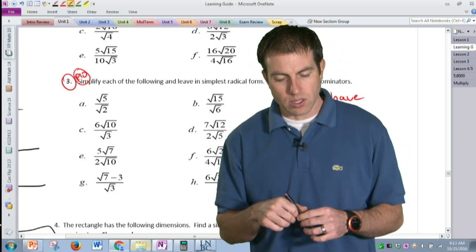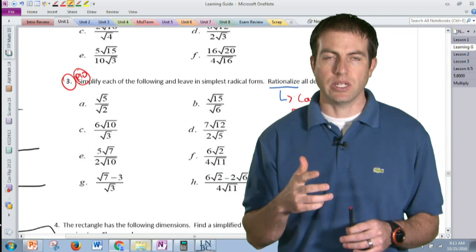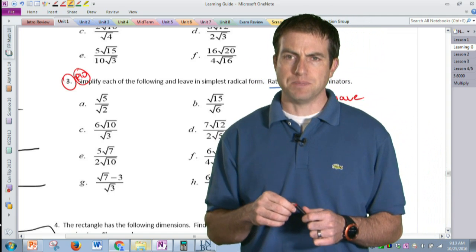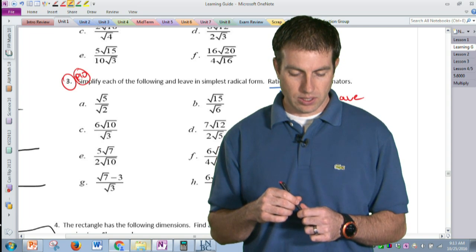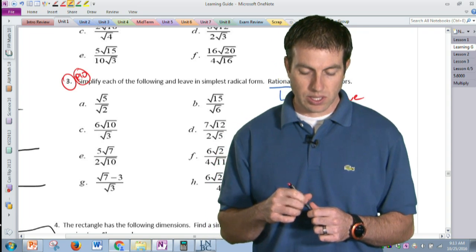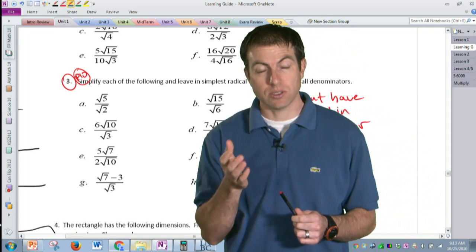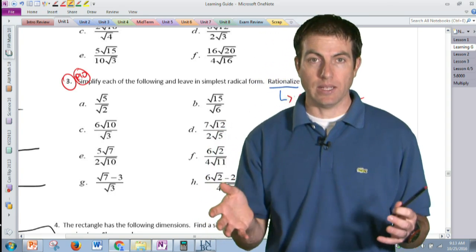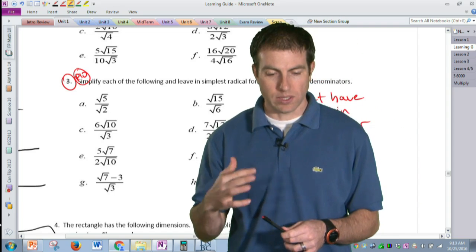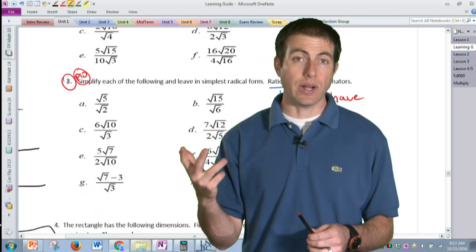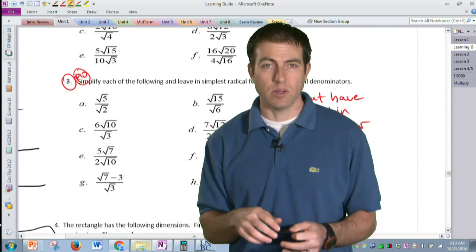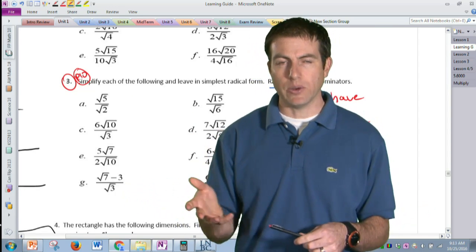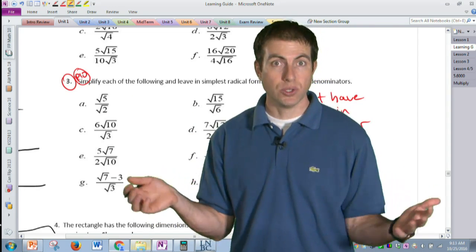We talked about the difference between rational and irrational numbers. A rational number is something that ends or has a repeating decimal, and an irrational number is something that just continues on forever. We can only estimate them; they never end. So something like pi would be irrational, whereas the number 2 would be rational.